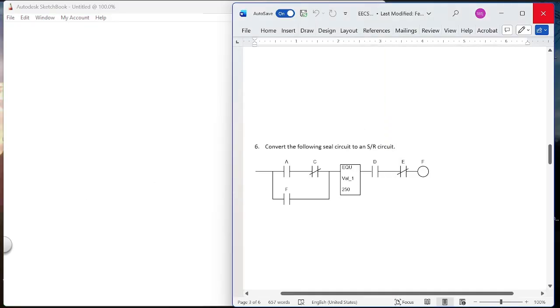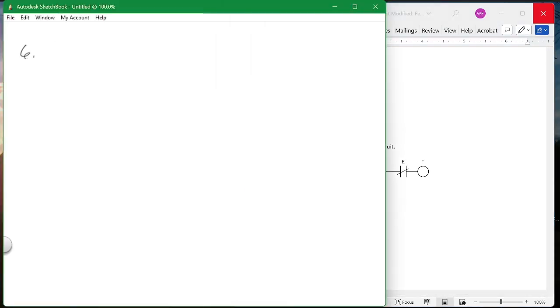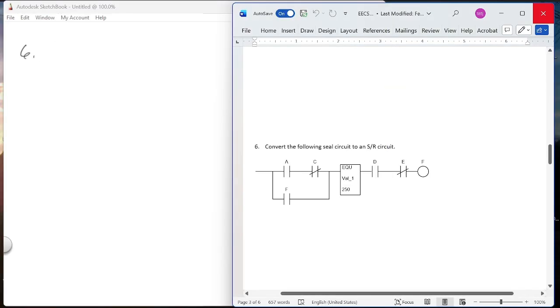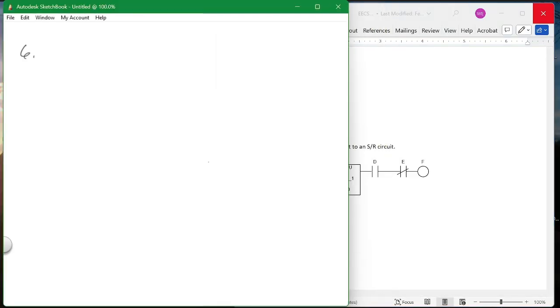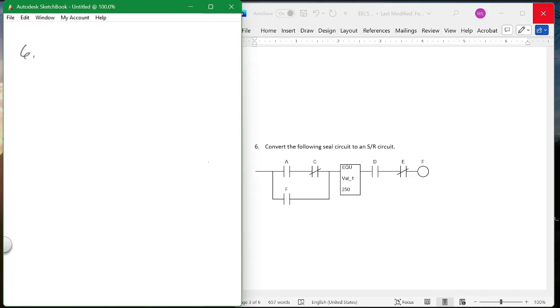Anyway. Number 6. This one is turning something into, like, a set reset circuit. So again, what you should have over here is a set and a reset.